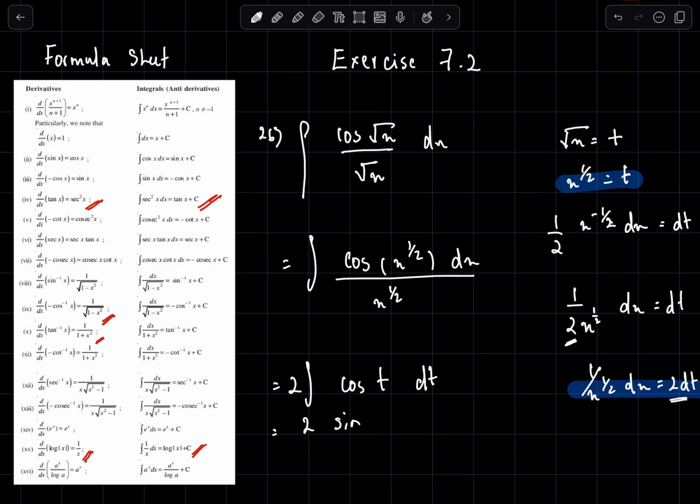So 2 sine t plus c, which is equal to 2 sine, substitute your t value, x to the power half, or better, root of x, the same thing, plus c. Let's confirm if that is also correct. So 2 sine root of x plus c. Simple.